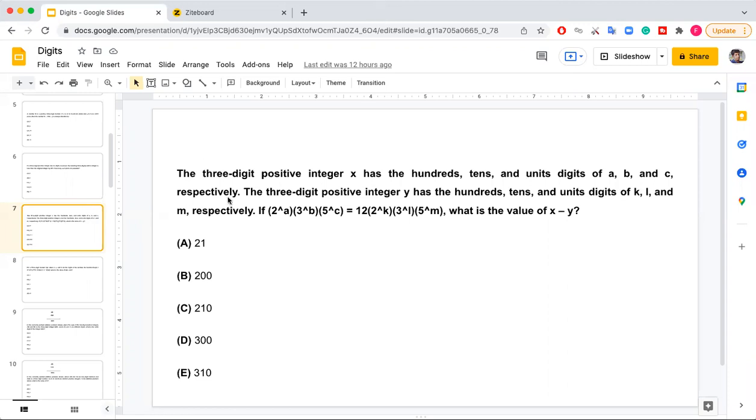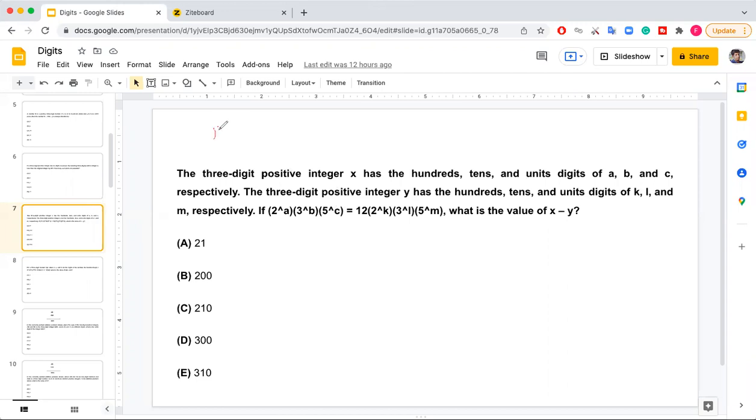Okay, we have a 3-digit positive integer x in which a, b, c are the hundreds, tens, and unit digits respectively.